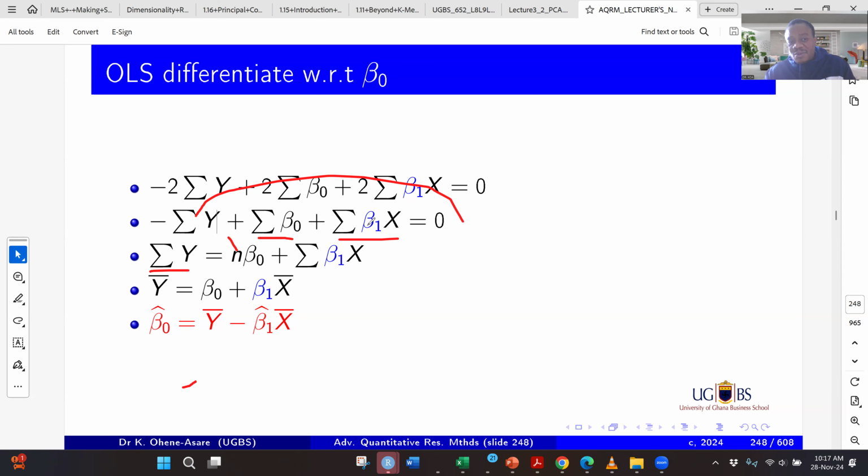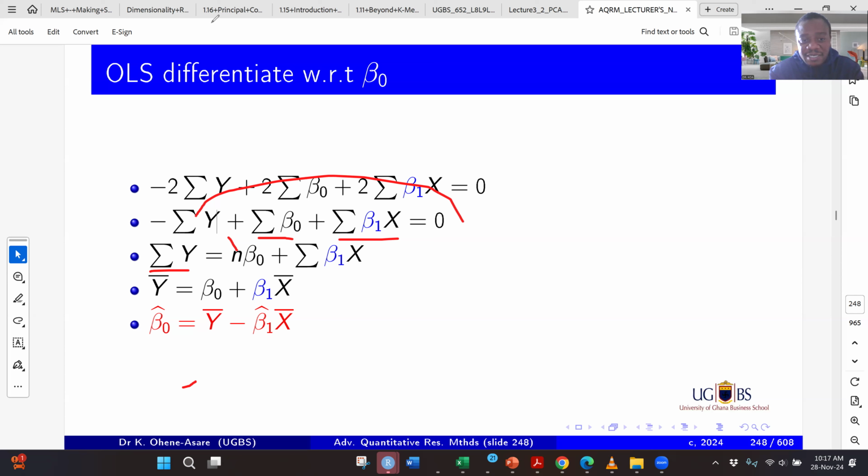Now, but what is that summation x? Watch it very carefully. At this stage, I can divide both sides by n. Let me just show you. If I come here, I can divide both sides.